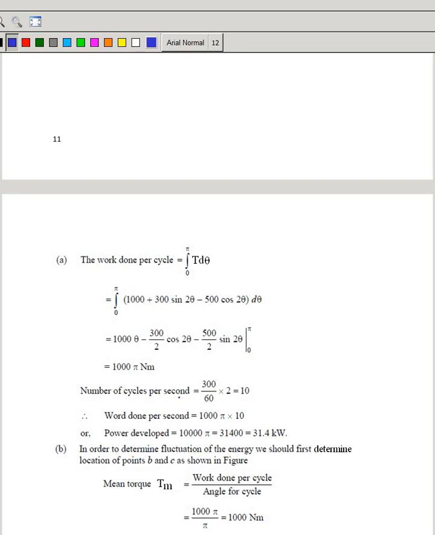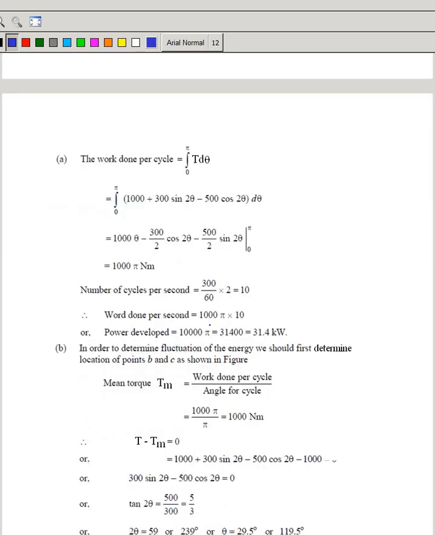And number of cycles per second: a cycle means half revolution, because 2 pi is 1 revolution. Engine speed is 300 rpm, so 300 by 60 is 5 revolutions per second, and 5 revolutions means 10 half revolutions, which is 10 cycles per second.